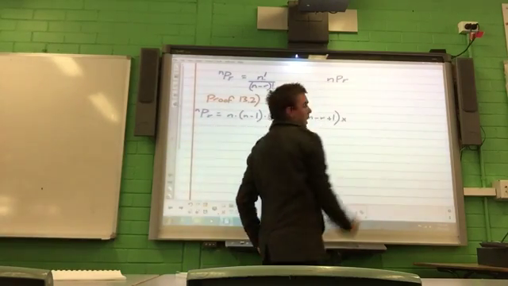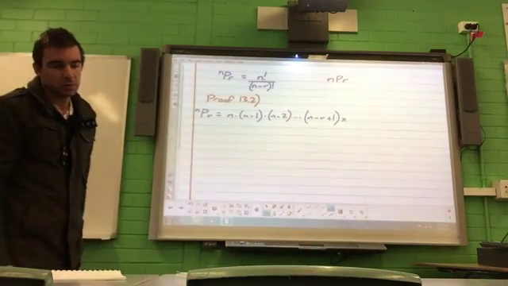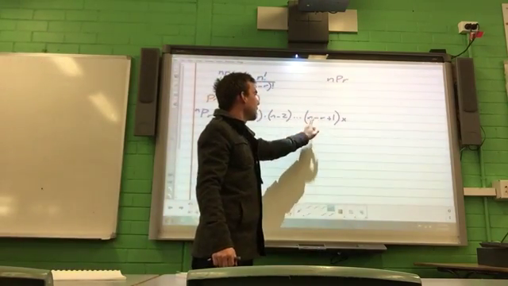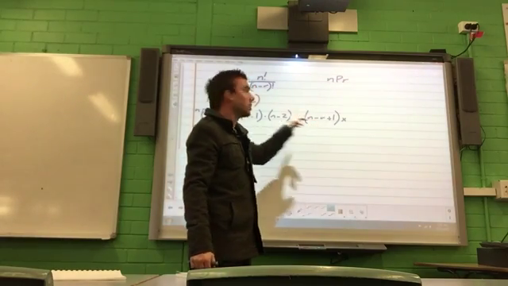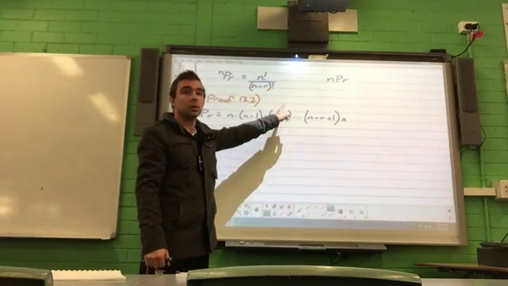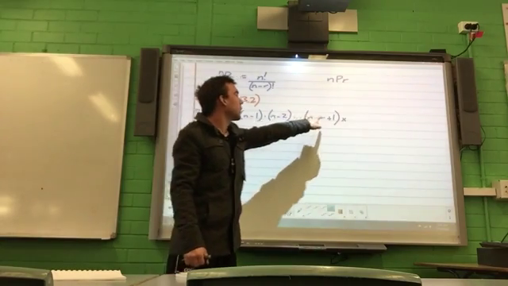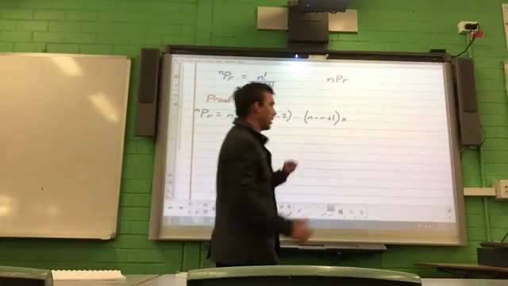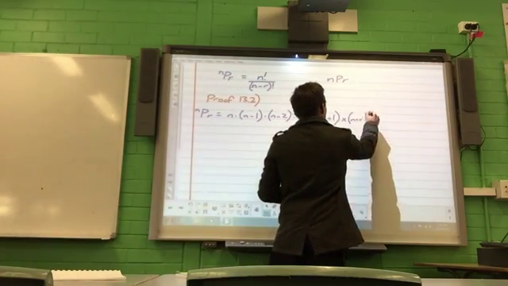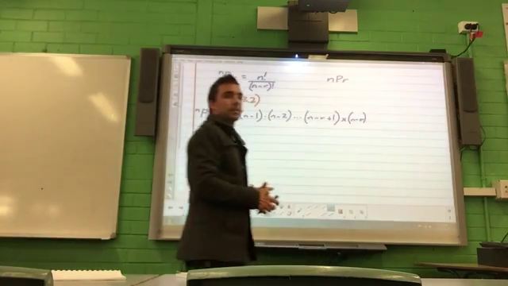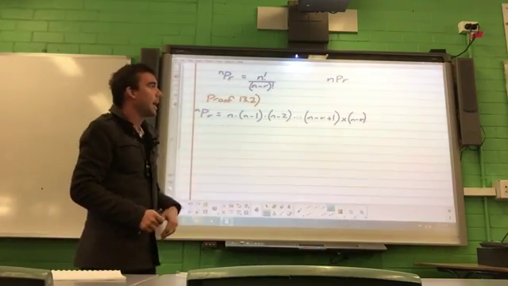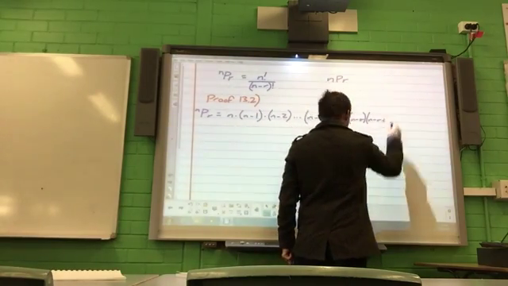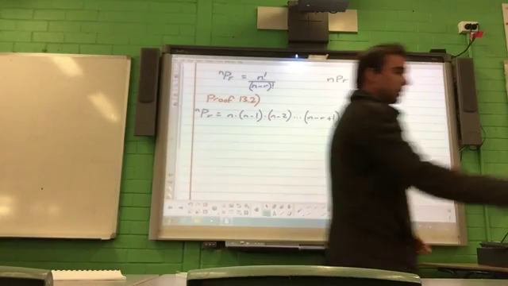Now we're going to multiply this by the rest of the factorial notation. Continuing on this pattern, we're taking away 1 as we're multiplying through. If I take away 1 from this expression, I'm going to have an n take away r. If I go to the next term and take away 1, it's n take away r, take away 1, or plus 1.